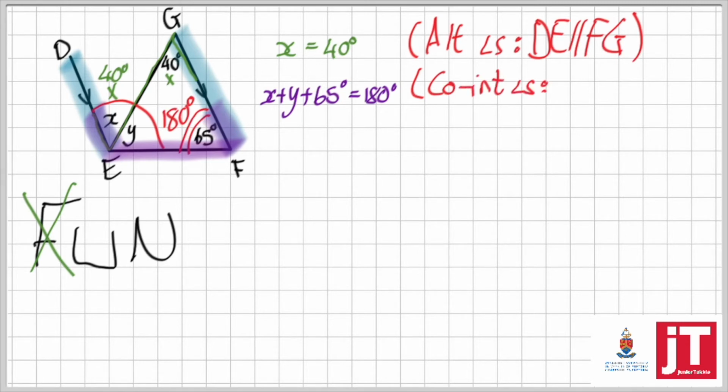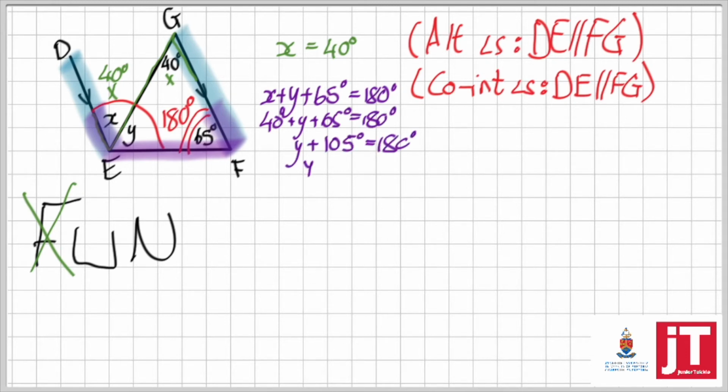Because it's co-interior angles, because DE is parallel to FG. Remember, you've got to specify which lines are parallel. Now, x is 40, so I'm going to substitute that in, and I'm going to go ahead and solve for y. So y must be a wonderful 75 degrees. Easy and simple as that.